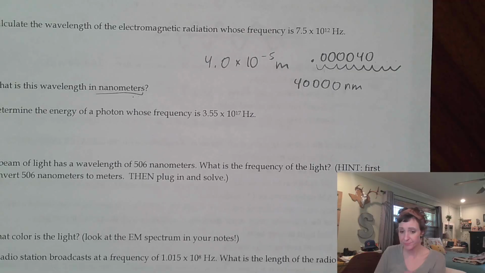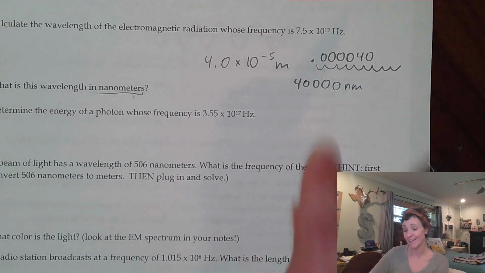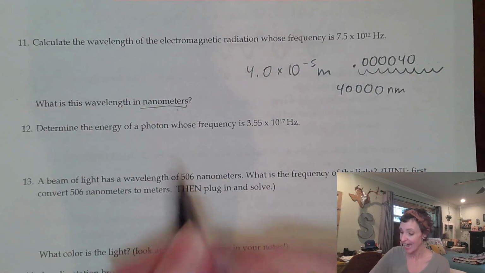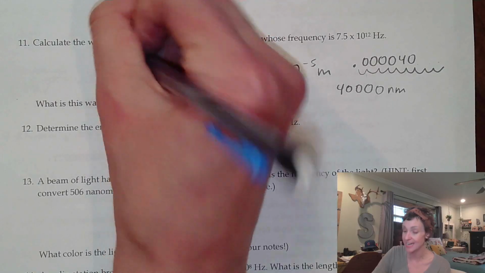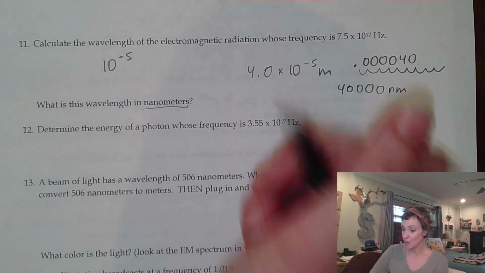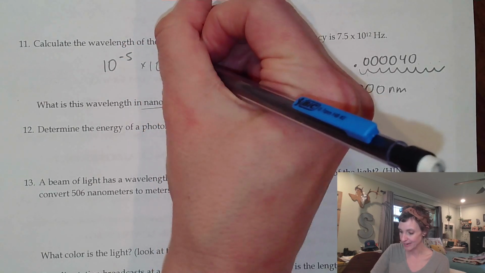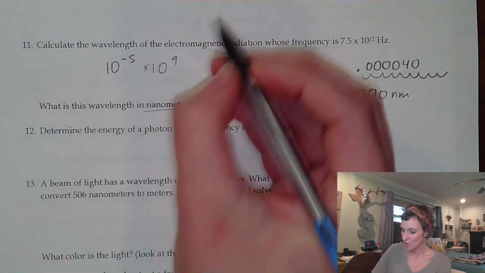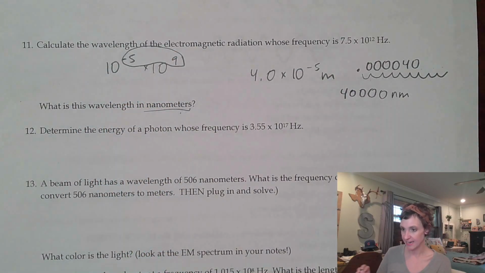Nanometers. Okay. Another thing that you can do, as we talked about last time, I find that to be a little bit tedious. I like to look at this times 10 to the negative 5th, and I'm incorporating 10 to the 9th because it's 9 places away. So when you're multiplying this stuff, you can add these two exponents together.